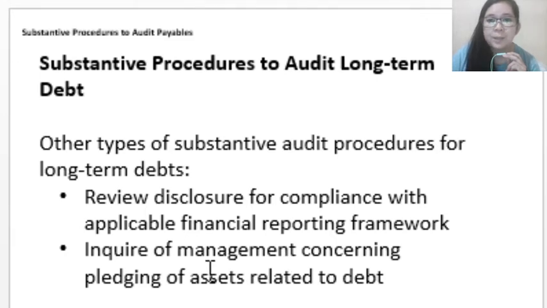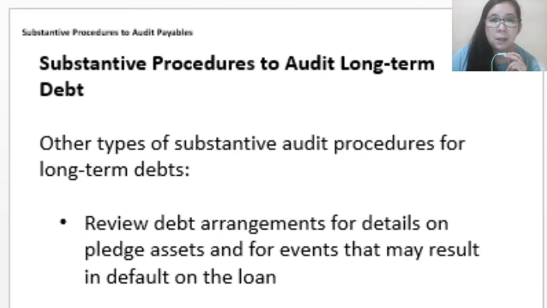This is also a simultaneous conduct of the substantive test, where not only the liability can be audited but also the asset accounts, especially if they are subject to pledge for any related liability.